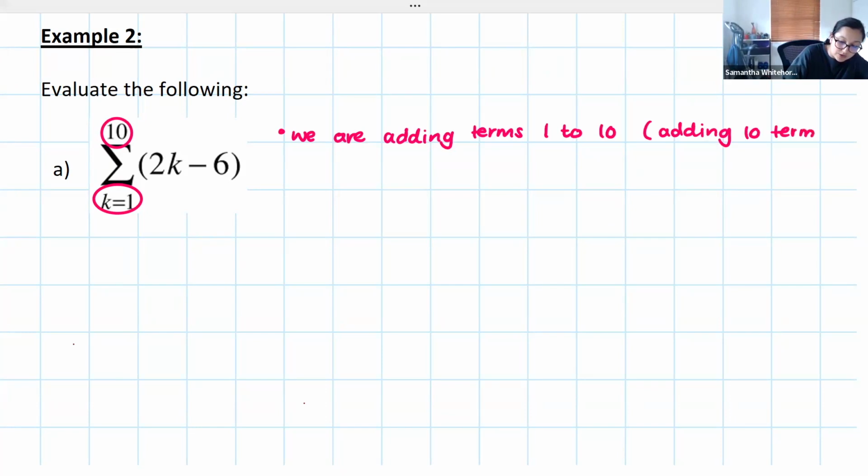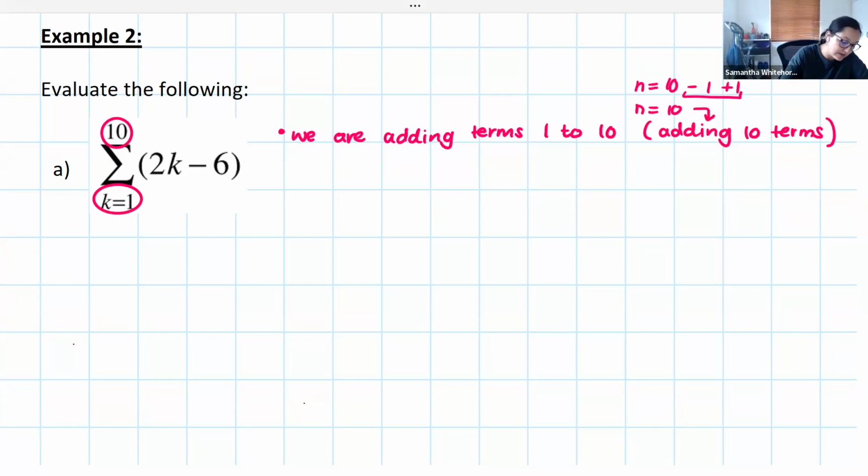Now I need to know how many terms I'm adding, because both of our sum formulas, arithmetic or geometric, require an n value. If you're not too sure, remember n is equal to the top number, 10, minus the bottom number, 1, plus 1. So we're adding 10 terms, as I said. So that's the first thing.